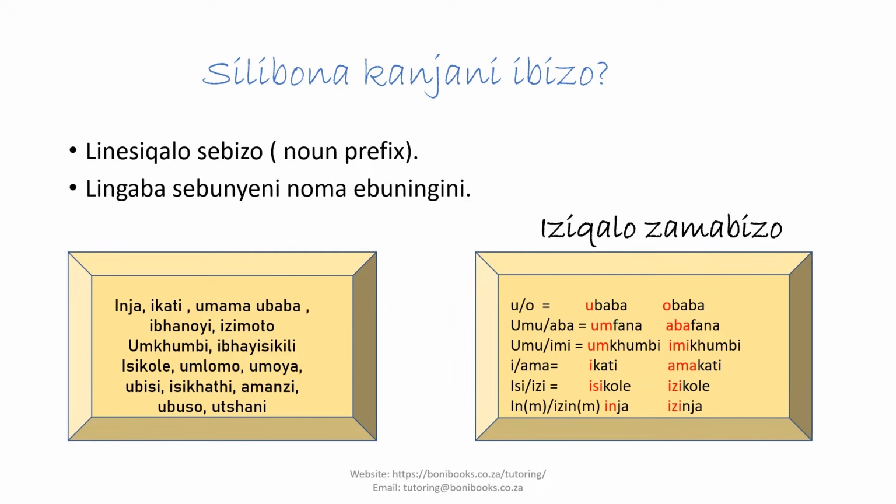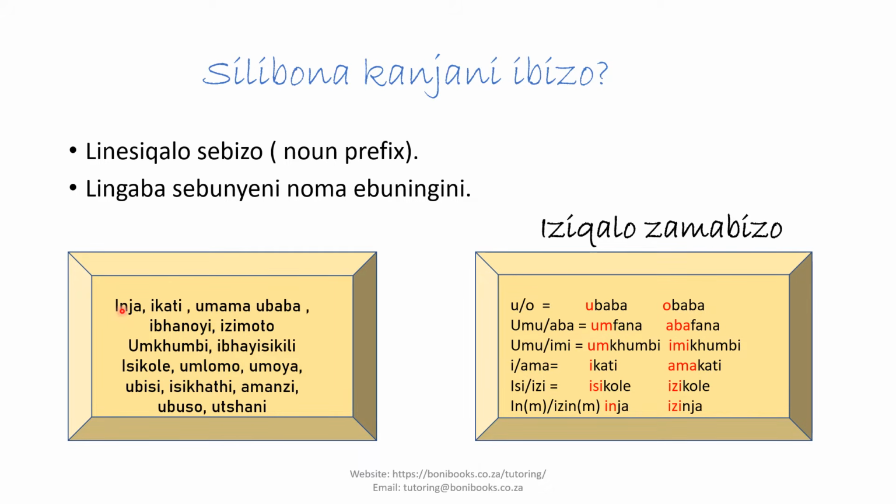Okay, how do we see that this word is a noun? Not all words are nouns, but how do we see that the word is a noun? If we look at these words that I have here, these are nouns that I have for you.